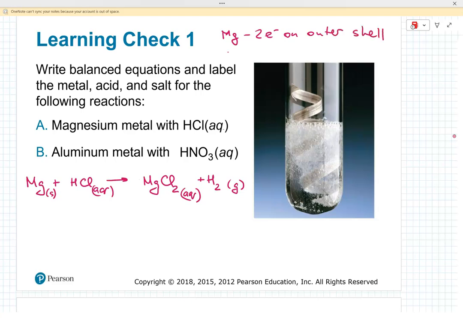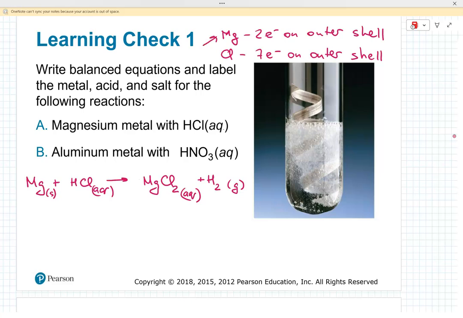Chlorine has 7 electrons on the outer shell. Remember the formula for groups 13 to 18? You subtract 10. That's it. So group number 17 minus 10 is 7. Now, the magic number is 8.